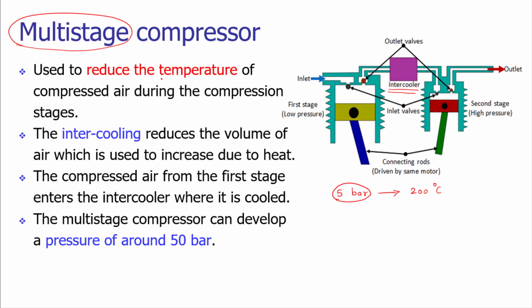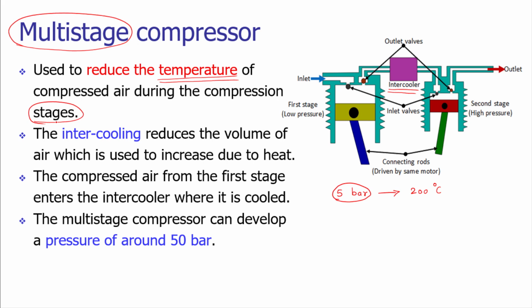The primary objective of multi-stage compression is to reduce the temperature of the compressed air during the stages of compression itself. For such systems, we can have two cylinders which are connected by using an intercooler.